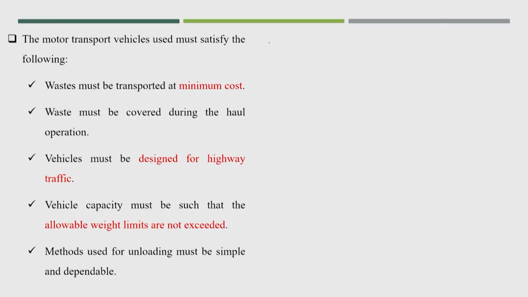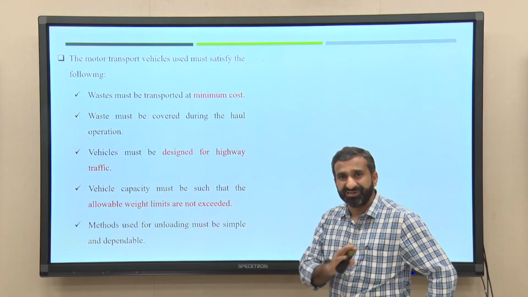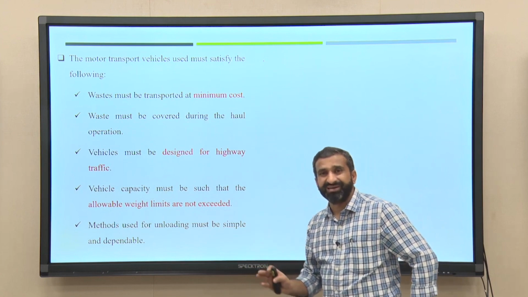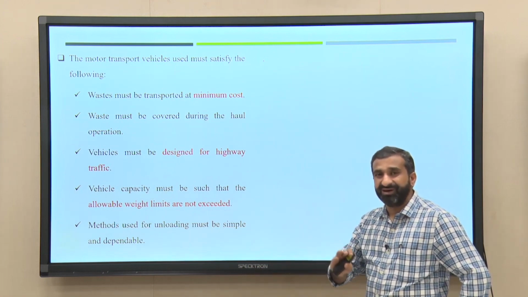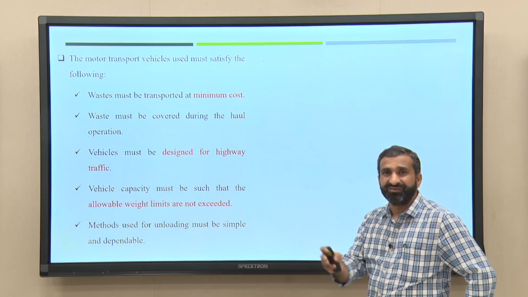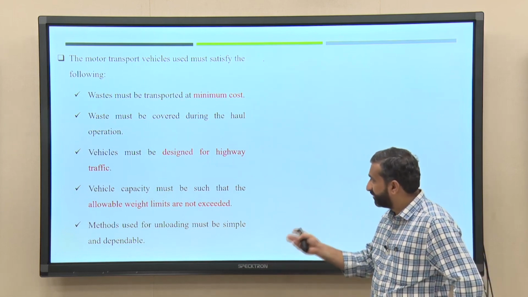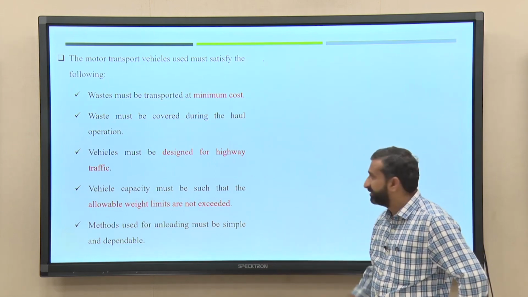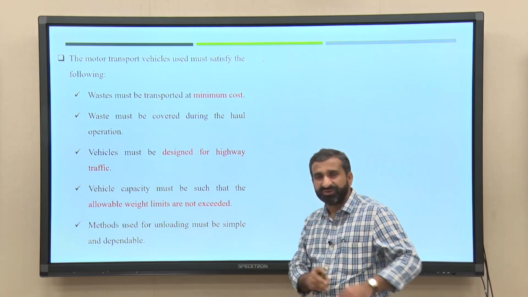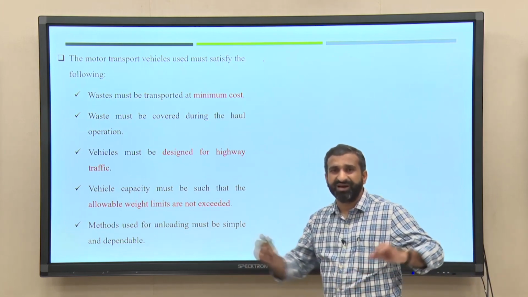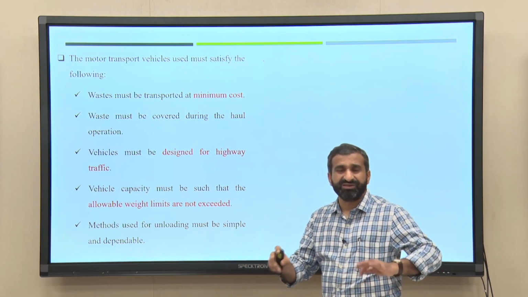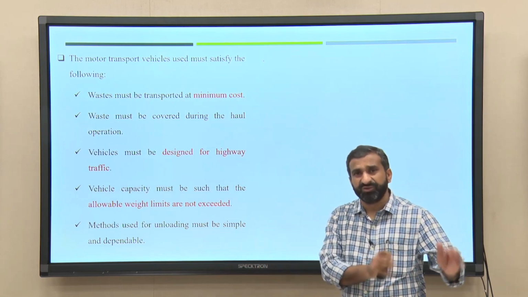The vehicle must be designed for highway traffic. This is very important, because in highway traffic the speed of the other vehicles is very high. We need to see how well this kind of vehicle will travel under such traffic. Also, you see here the length is very large, and somewhere you will require U-turns.